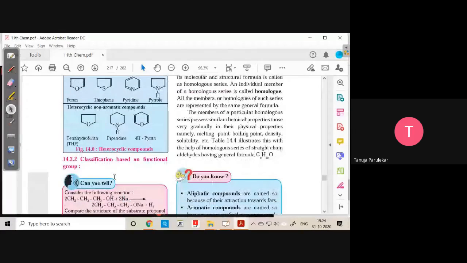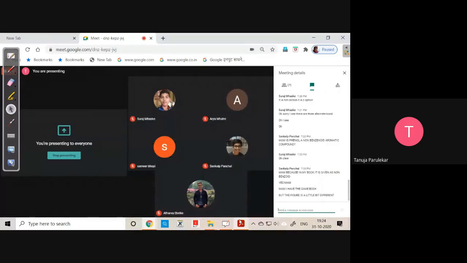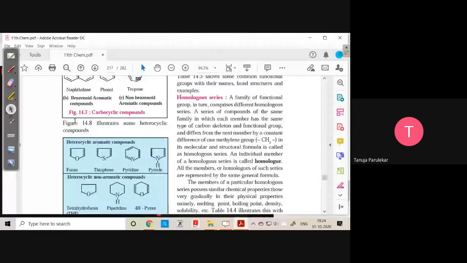Anyways, let us go further. See, classification based on functional group. You have the same book, but the figure is a little different. This is the same book. How can it be?